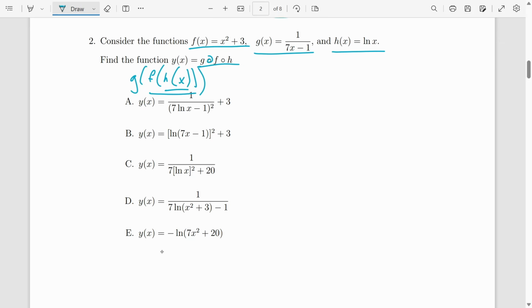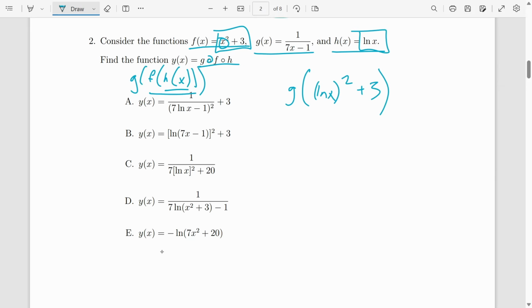So if f of x is x squared plus 3, we need to put ln of x inside the x there. So the x of f of x needs to be ln of x. And then this is now squared plus 3.